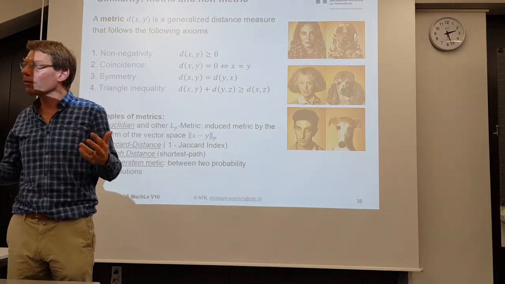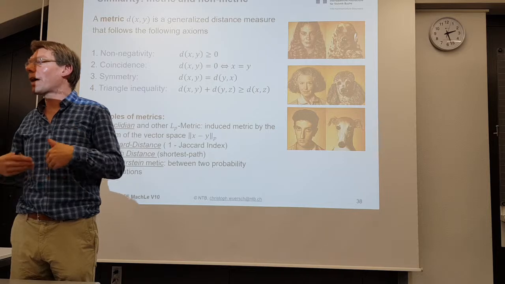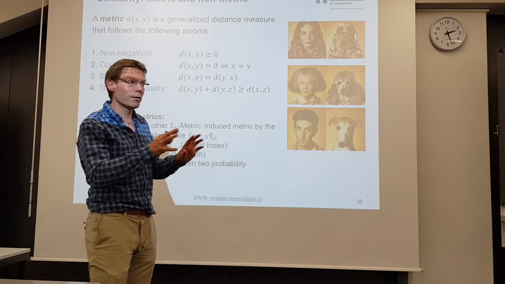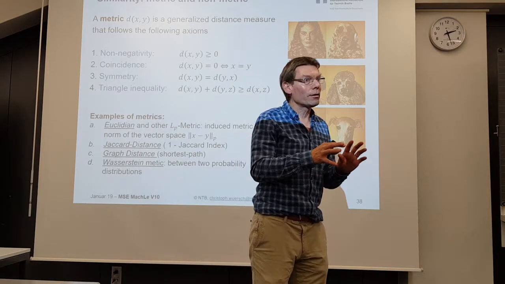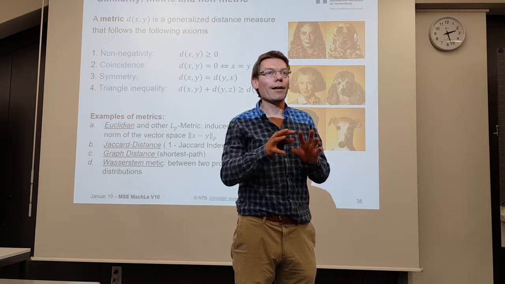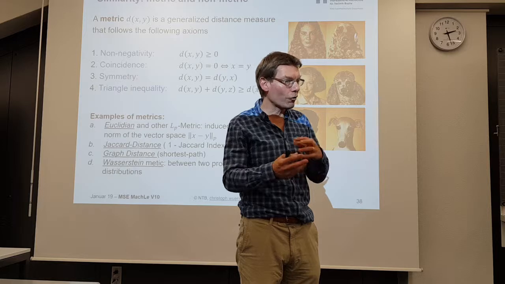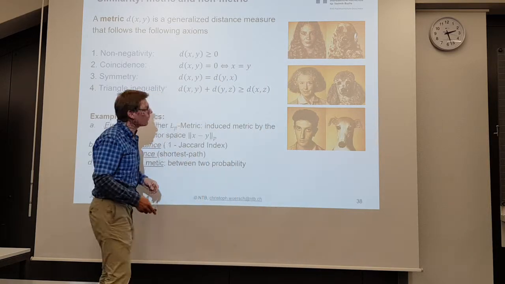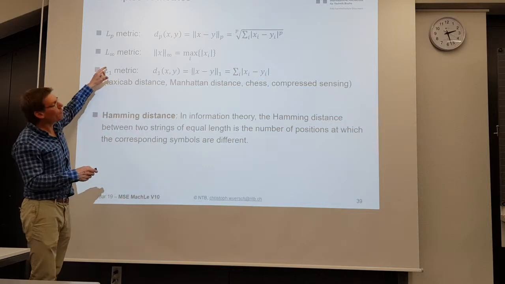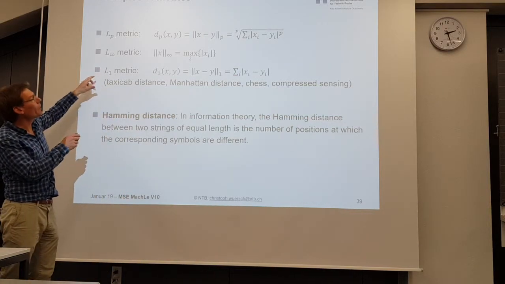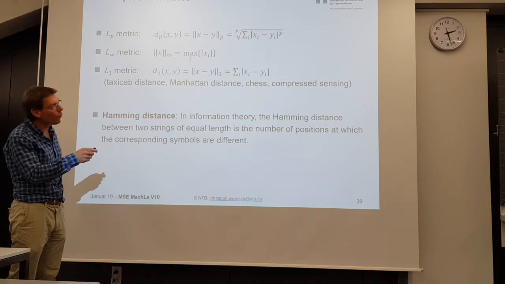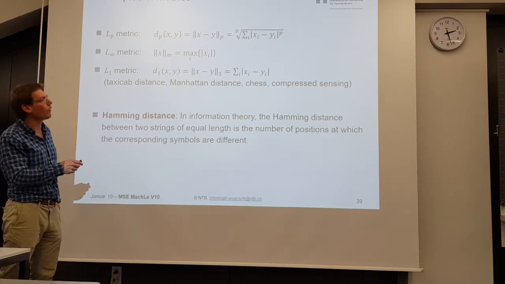If you have to say what is close, you have to define an adequate metric. If two probability distributions should be close, we will take the metric of the Kullback-Leibler divergence, which tries to fit two probability distributions as close as possible. The most important are here. The Lp metric, normally p is 2, the square of all components and the square root.